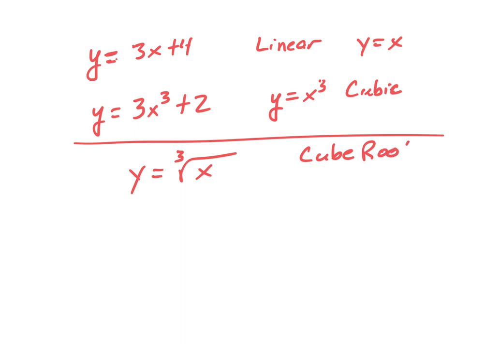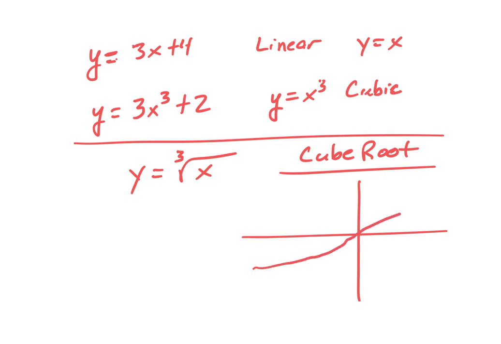We saw the square root function. This one's the cube root function, and it's going to go through here and make a path that looks like that. So there's just tons and tons of different functions. We're going to talk about another one here in a little bit that's different than all of these. It's called the piecewise function, and that's something that's going to be new to you guys as well.